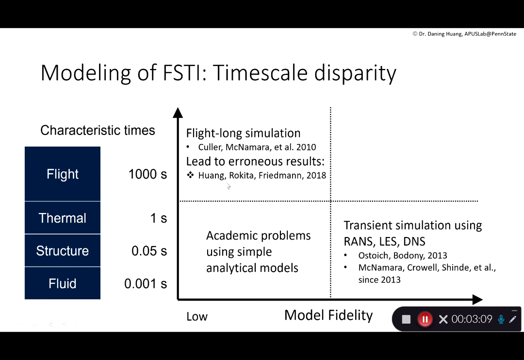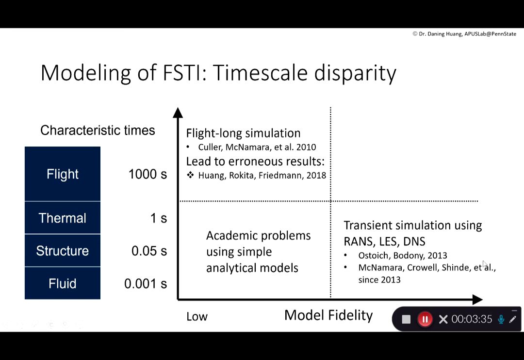However, so far we mainly can only do two things. Either we use some low fidelity model and do this long-term simulation. However, this kind of simulation can lead to some wrong results. Or we can use a high fidelity model, but only look at a short time frame.